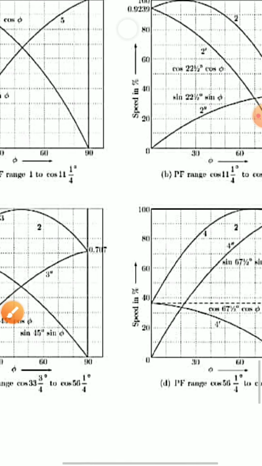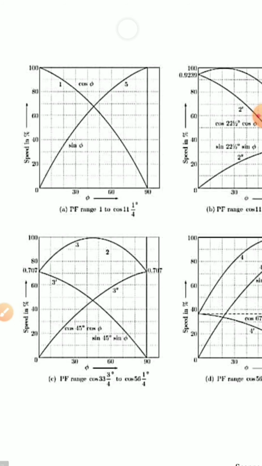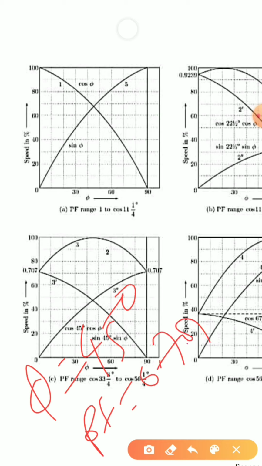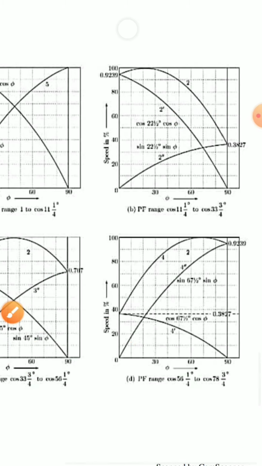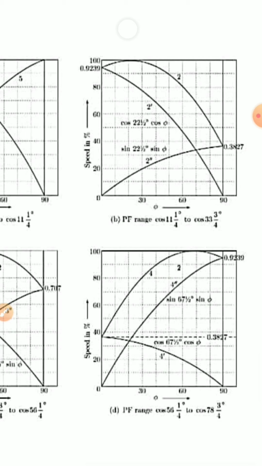Then we know that in the third gear, both the speeds are reduced by the same factor. Here the phase angle is 45 degrees and the power factor's value is 0.707. This is because of the energy meter, this is because of the reactive meter, and this is the sum of both. The fourth condition is when the watt hour speed is completely reduced and the reactive meter speed is also reduced.